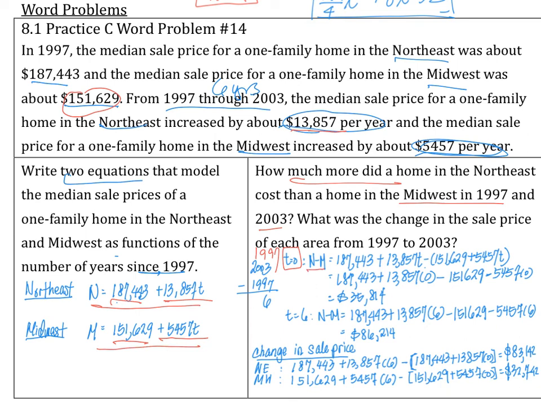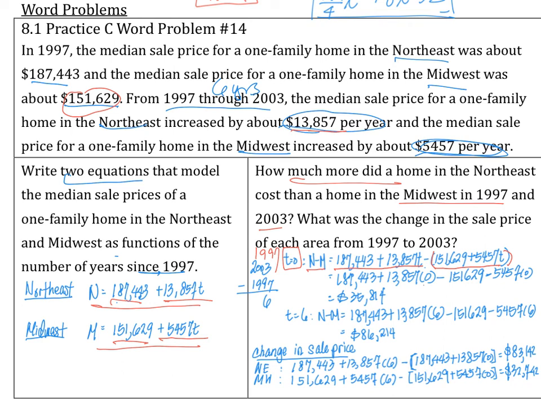So here I already have the work shown for you. I took 187,443 plus 13,857t, and then I subtracted the binomial 151,629 plus 5,457t. And notice that I put parentheses around the second binomial.